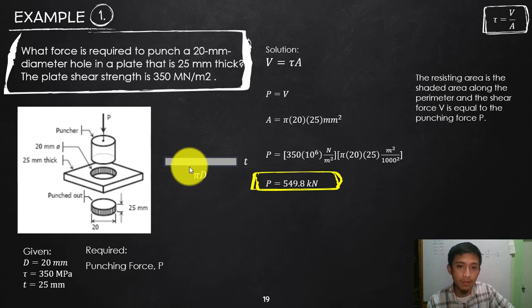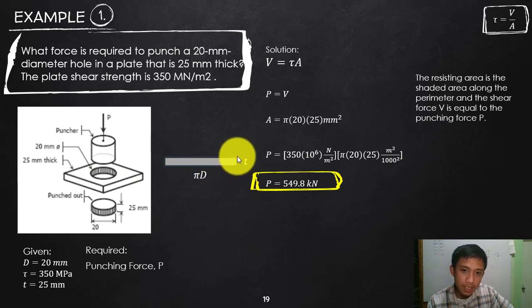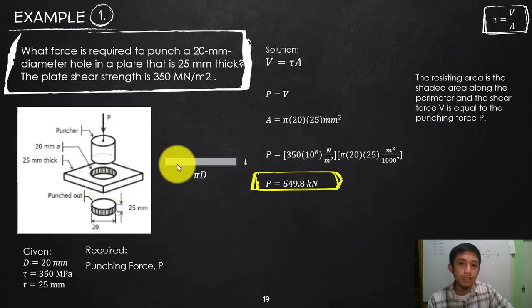What is the dimension of the rectangle? The thickness will be the same as the thickness of your plate. But the question, what is the length? If I put this back on the other end in a circular manner, what will be this side? That is the circle itself. The length of the circle itself is the circumference. So what do we have?